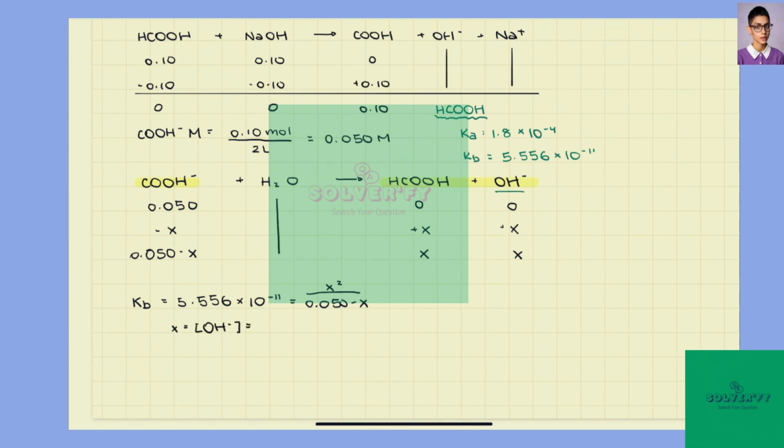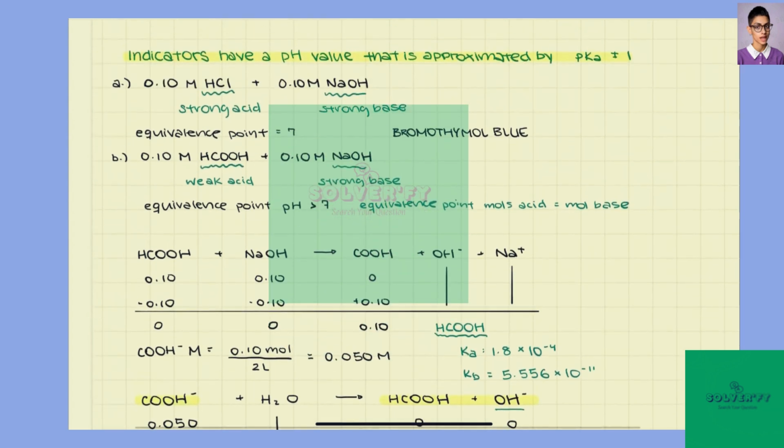Our x is also the concentration of OH minus, which is 1.667 times 10 to the negative 6 molarity. We can calculate our pOH, which is negative log of OH minus, which is this value. Next, we can calculate our pH, which is 14 minus our pOH, which gives us a pH of 8.22.